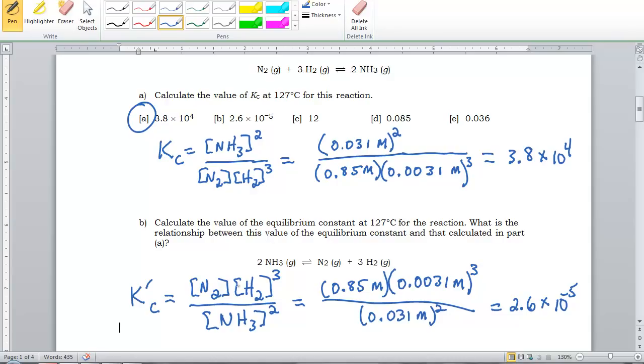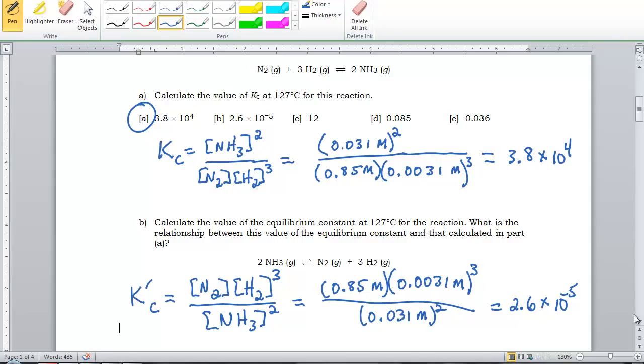Since we reversed the direction of the reaction, now they're in the numerator. And what was in our numerator is now in the denominator. Okay? So by reversing the direction of the reaction, we have switched our reactants and products, and hence we have switched our numerator and denominator. We have inverted those, or done the reciprocal of that.